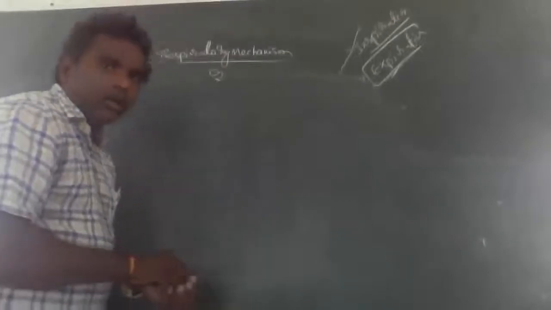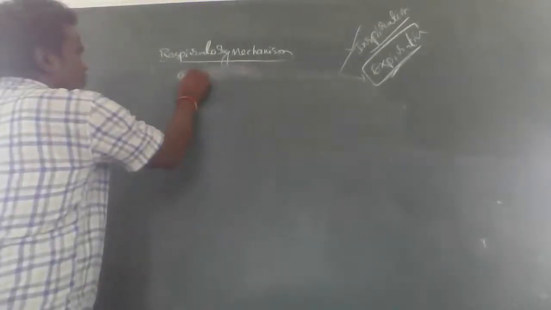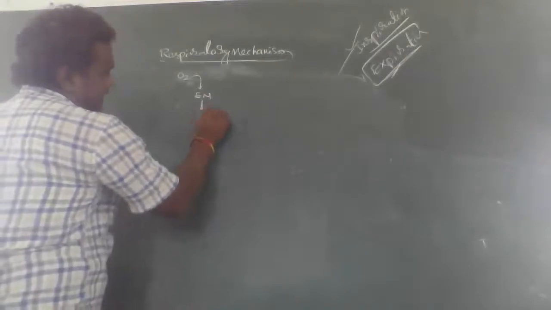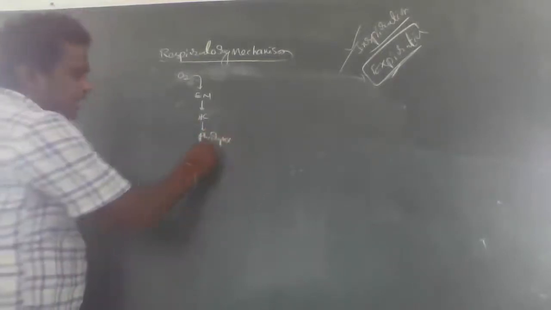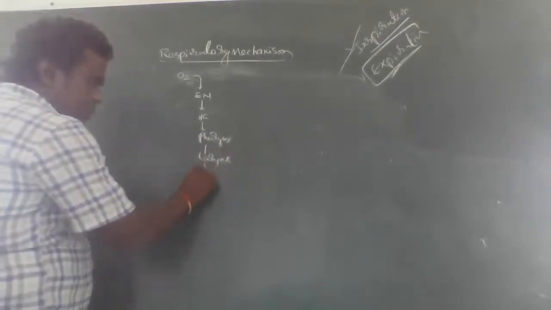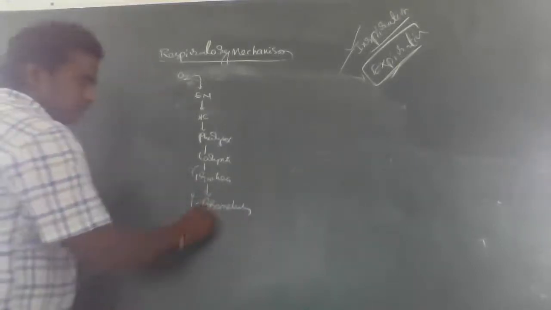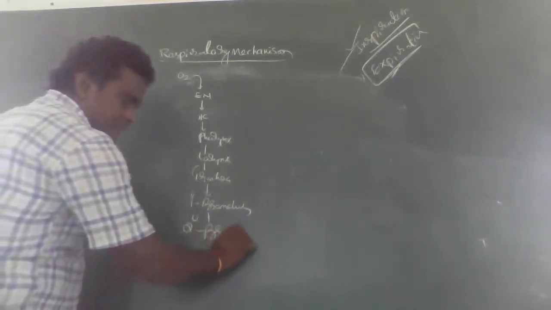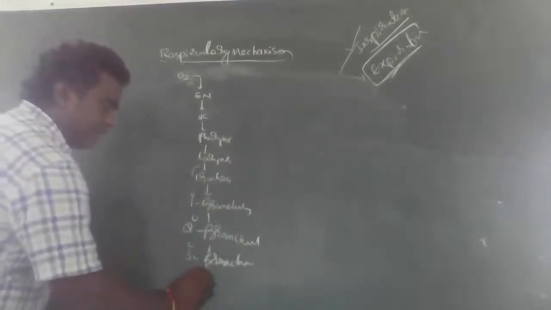So what is the mechanism diagram? For example, O2 enters through the external nostrils, and the nasal cavity, and what next? Pharynx, and larynx, and trachea, and then the primary bronchus, and secondary bronchus, and tertiary bronchus, and what next?